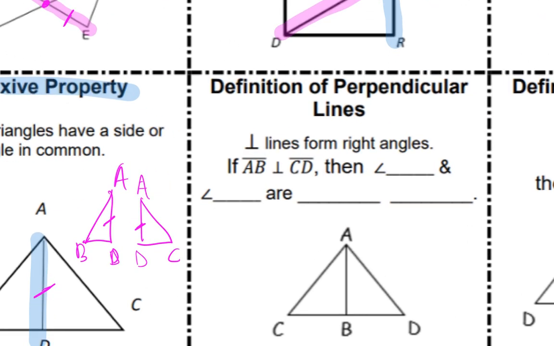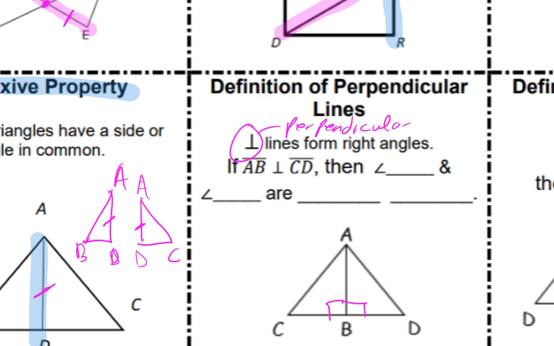Then this says perpendicular lines form right triangles. So this means perpendicular, right? Perpendicular lines are ones like this. We know that they cross and form a right angle. So if we told you AB is perpendicular with CD, that means it makes two right angles, this one and this one.